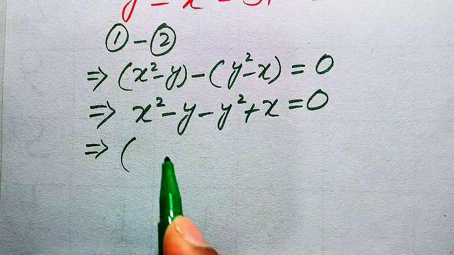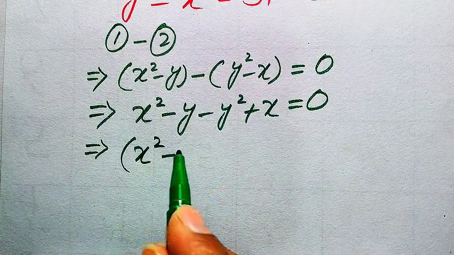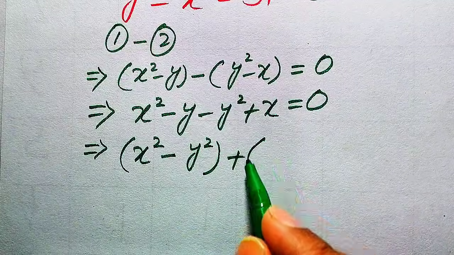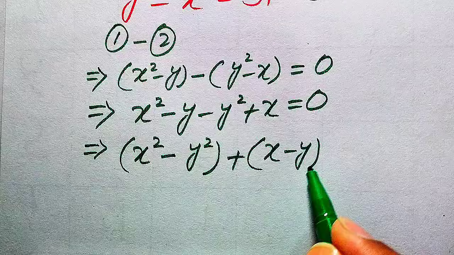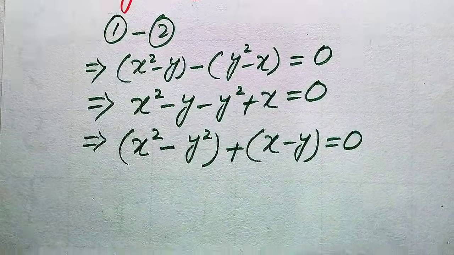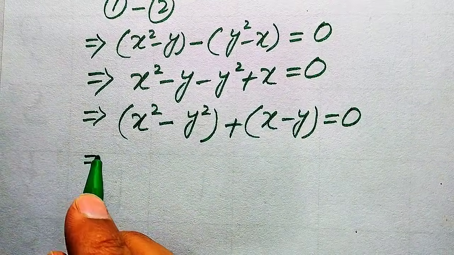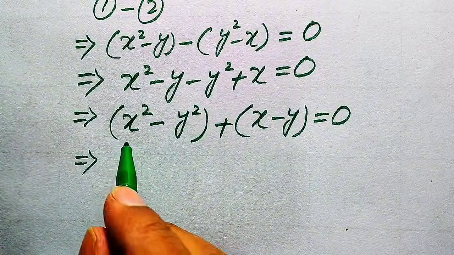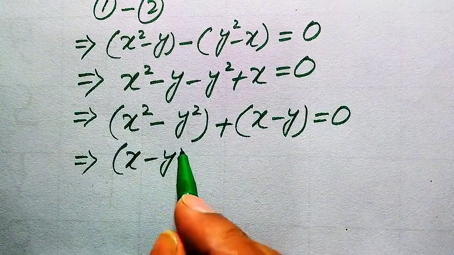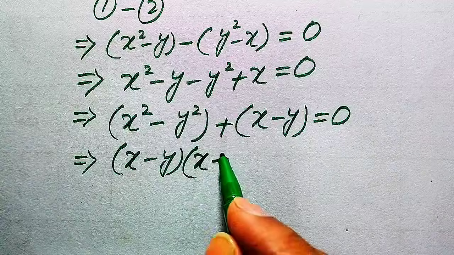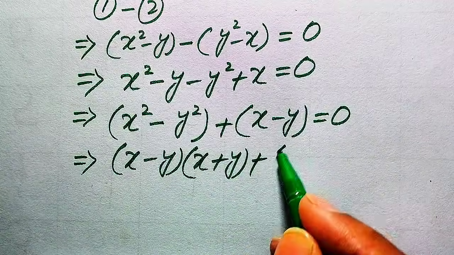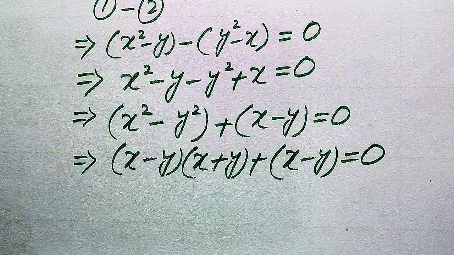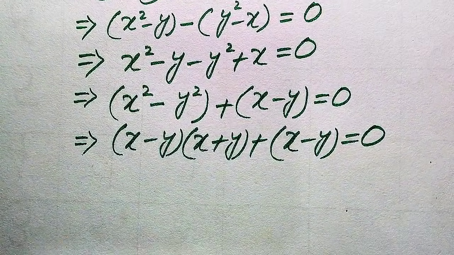So here we need to make the pair of a square term with a square term. So we have x square minus y square, and plus the remaining values x minus y, and this whole equation is equals to 0. You know that this is a very famous algebraic formula: x square minus y square is equals to x minus y times x plus y, and plus here we have x minus y, and this whole equation is equals to 0.